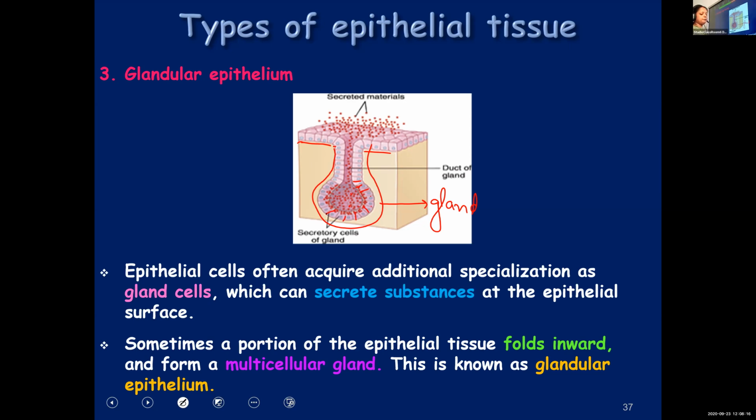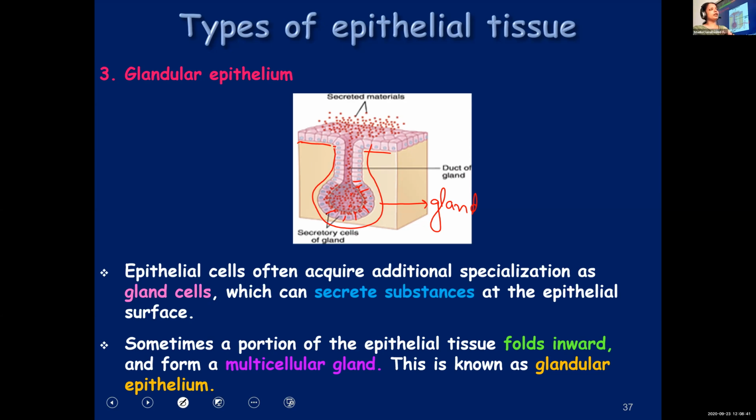So once again, what is meant by glandular epithelium? Sometimes the epithelial cells undergo specialization and form gland cells which can secrete certain substances at the surface of the epithelium. How is it forming?